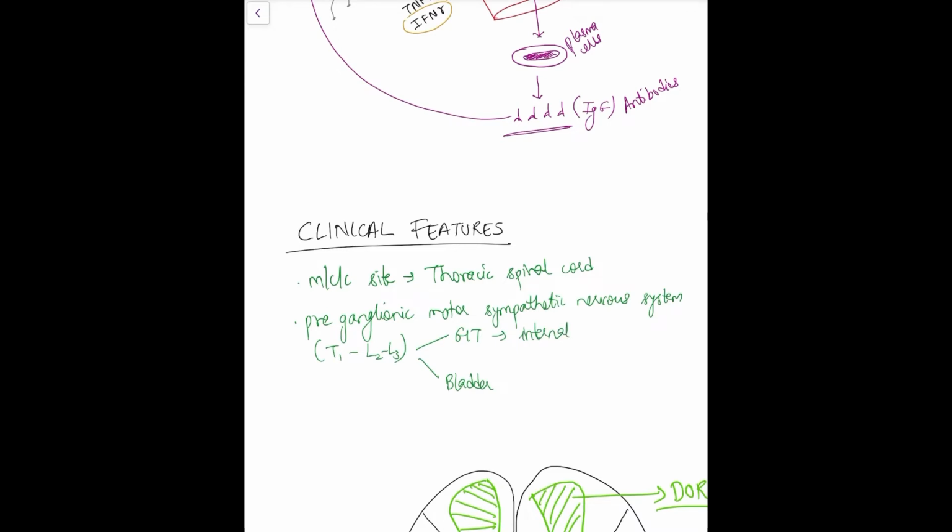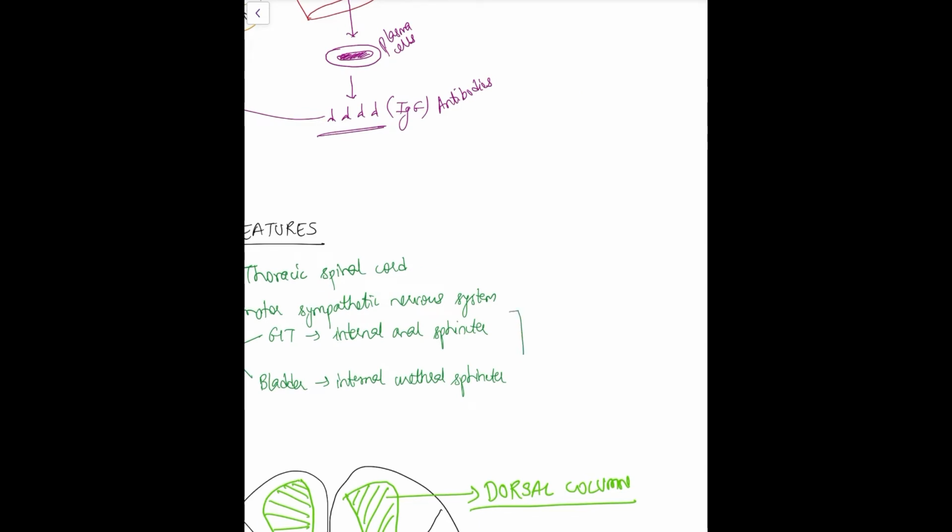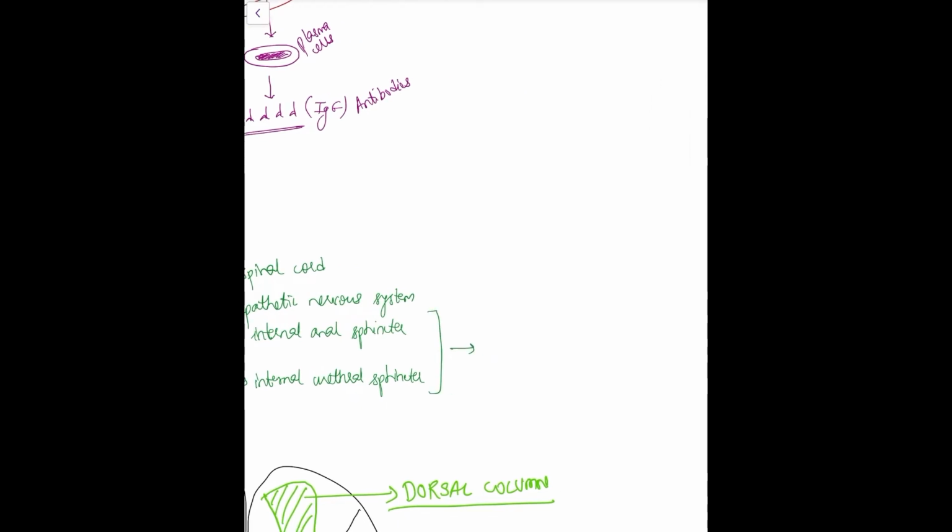Since both of them get affected, both of them may not contract at the right time, and it will lead to fecal and urinary incontinence. And if the sacral spinal cord undergoes demyelination, it can also lead to retention of urine because it will lead to an improper contraction of the bladder.